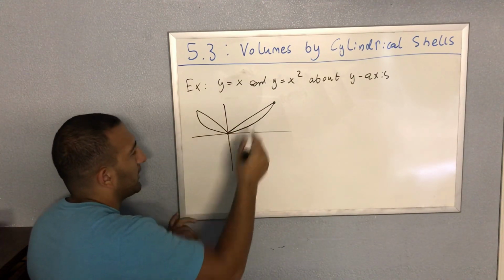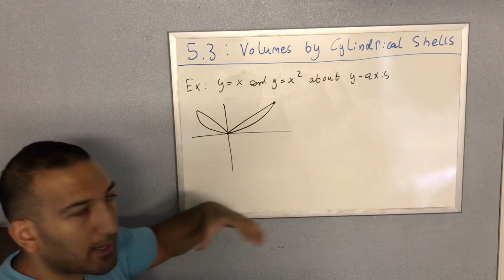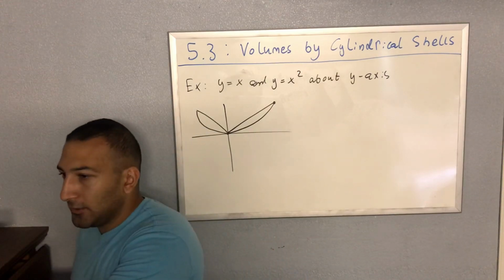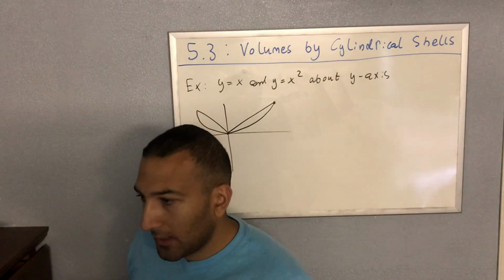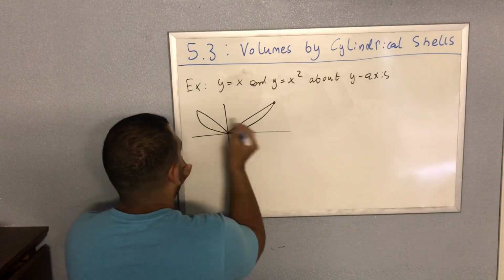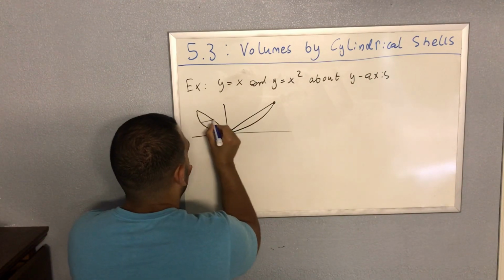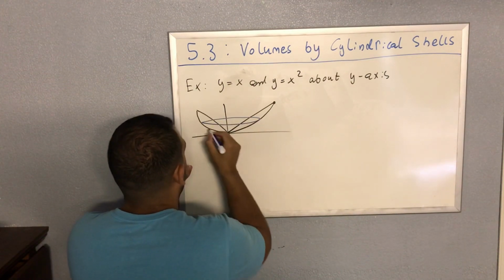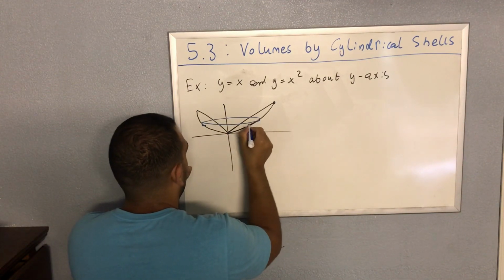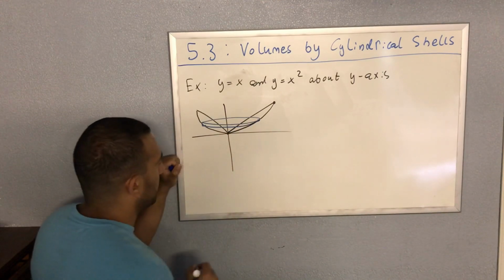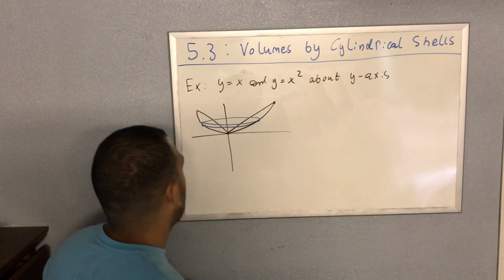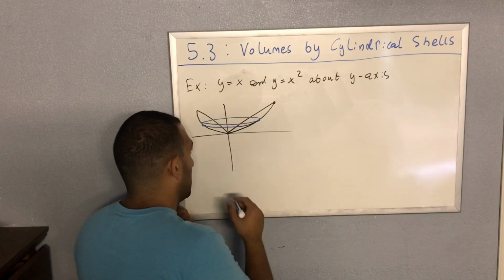And again, remember that that created like some bowl looking type thing. So now the thing is that when we make these shells, they'll look like this. So the shells will look like this, because they'll start at this top curve and they'll end at the bottom curve. So that's one new thing.